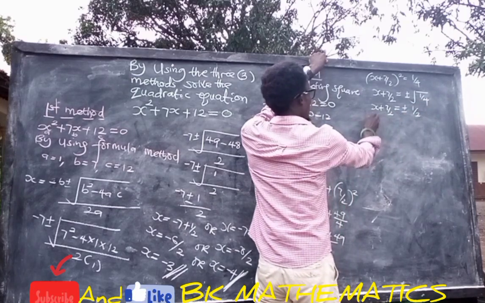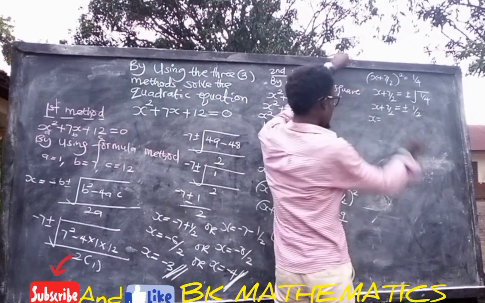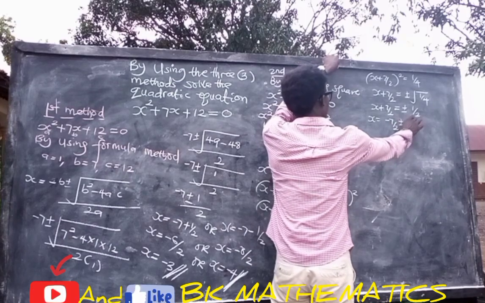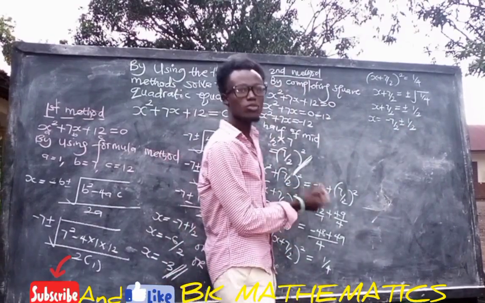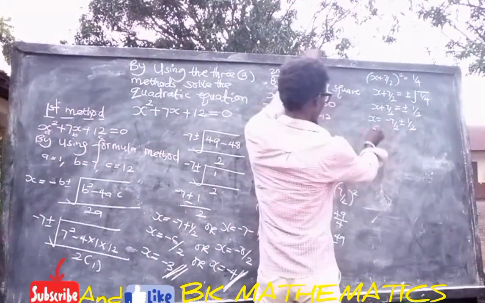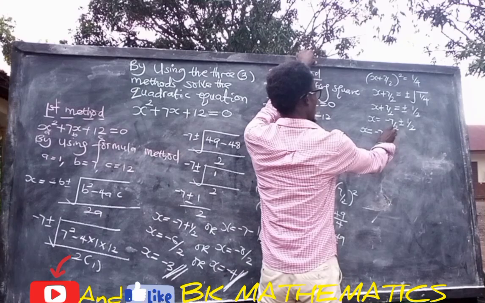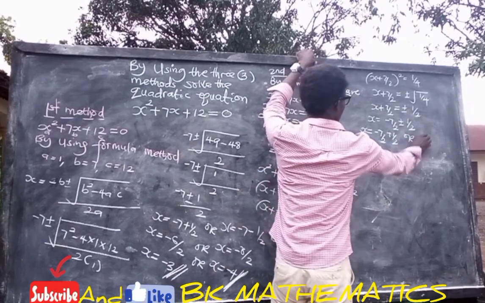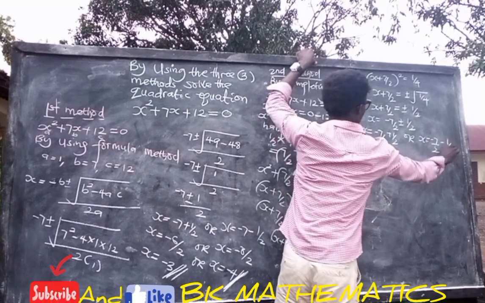Then we have x now becomes, when this plus 7 upon 2 is moving to the other part of the equation, minus 7 upon 2 plus or minus 1 upon 2. Then let's use the two signs now for us to have our final answer. We say x is equal to minus 7 upon 2 plus 1 upon 2, or it can also be minus 7 upon 2 minus 1 upon 2.